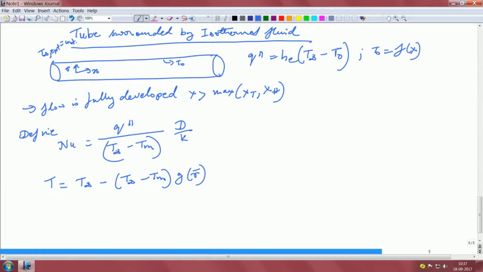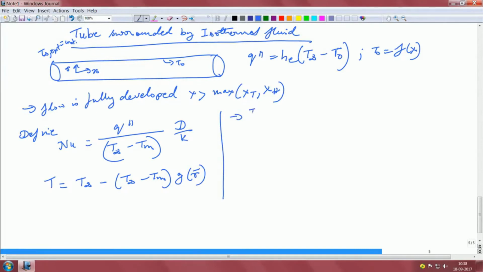This is the expression we are casting: the temperature as a function of T infinity and Tm, and this total expression is a function of r only, as in our fully developed regime.